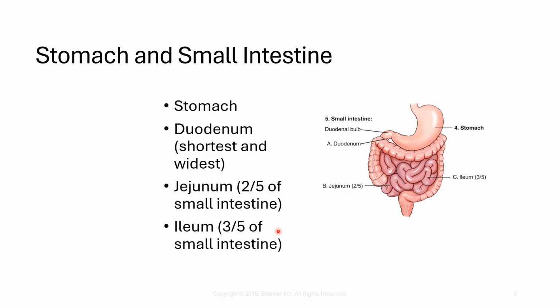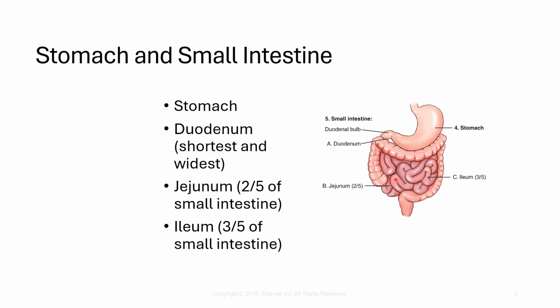So the jejunum makes up 2/5 of the small intestine, and typically the jejunum, the way this is labeled actually is not correct. The jejunum is actually over here. So if you look at figure 3.4, that has it labeled correctly because the jejunum is actually on the left side and the ileum, spelled with an E, is on the right side.